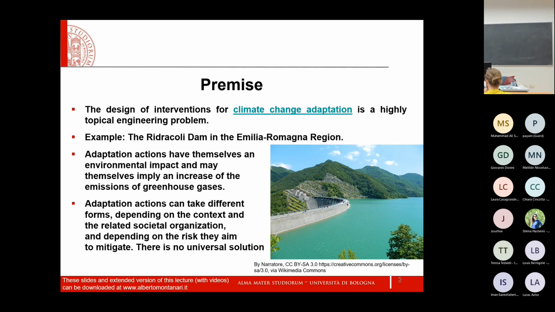An example of a successful experiment is the Ridracoli Dam in the Emilia-Romagna region. And why did they decide to build this dam? Because with the increase of tourism on the coast of the Adriatic Sea, there was an increased use of water. And this water was traditionally taken from the underground.